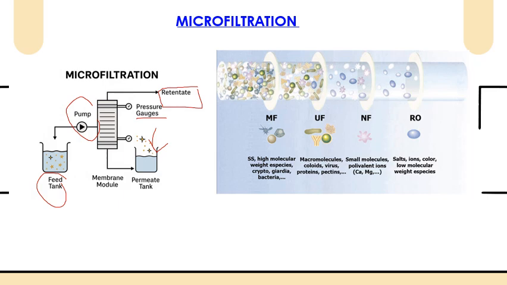So this is showing you the molecules that can pass through each of the membranes. For micro, you will have the macromolecules, whereas when you go down to ultra and nano, you will have smaller molecules. And finally, the RO or the reverse osmosis will give you the smallest ones, like ions and low molecular weight species.